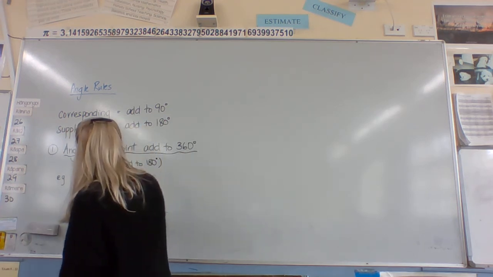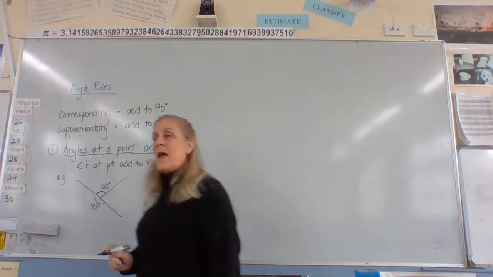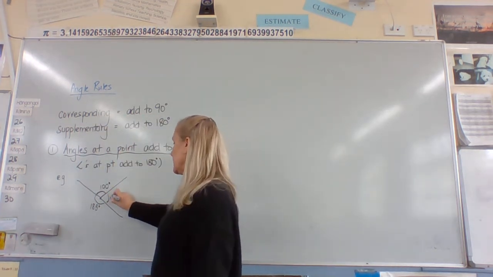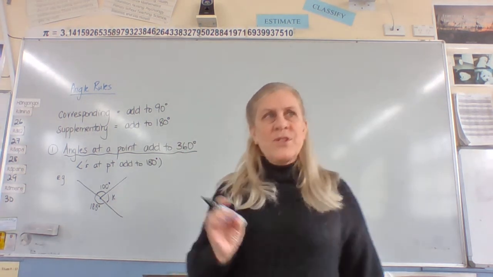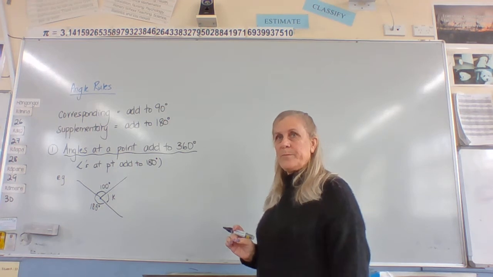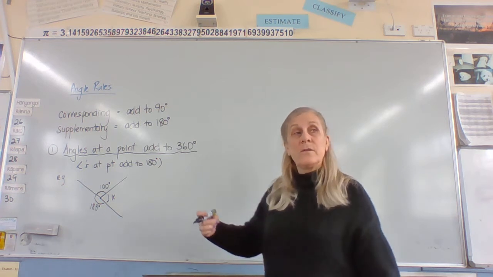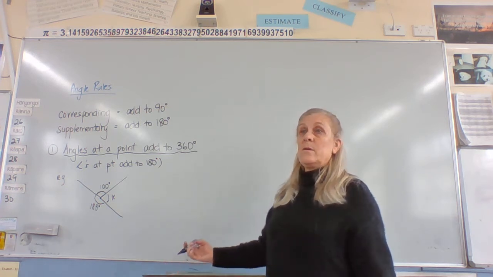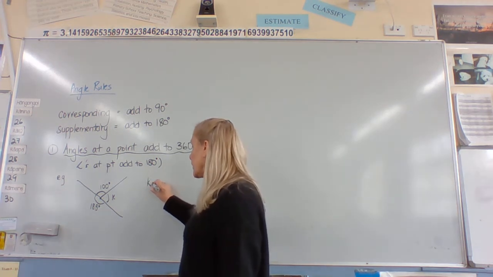And this one over here is 100, and we've been asked to find K. What process will we use to find K? K equals, don't want the answer, I want to know how we work it out.